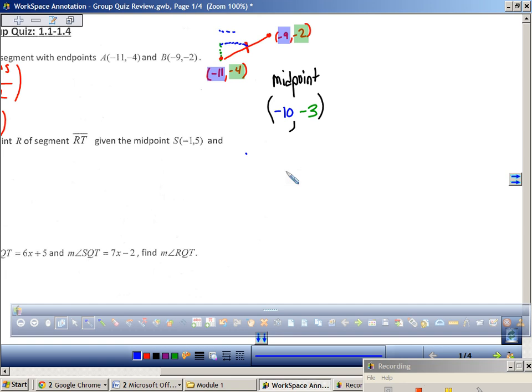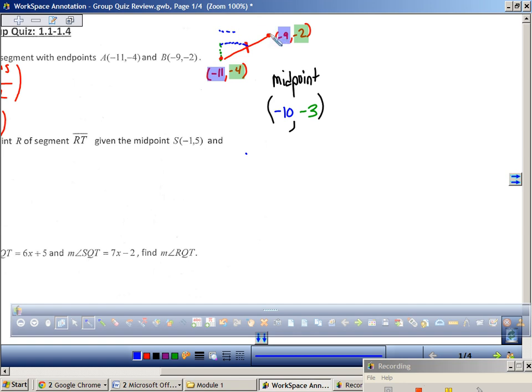So what I'm trying to say is that if I'm here and I have to go up 2 over 2 to get to the endpoint, to get to the midpoint, I should only have to go up 1 over 1. Now, I know it's hard to visualize it on here, but if you had a coordinate grid that actually had boxes on it, wouldn't it be a lot easier to just count?